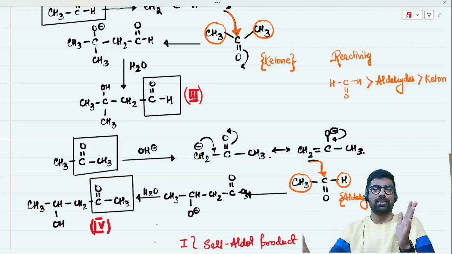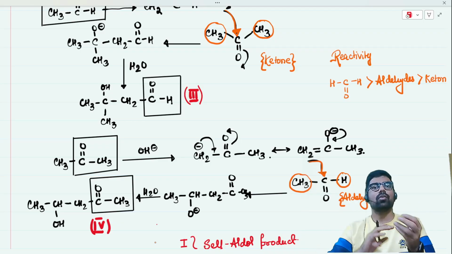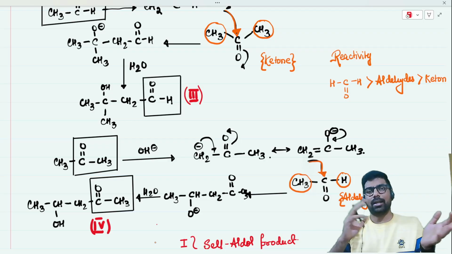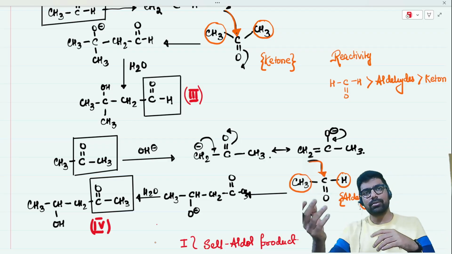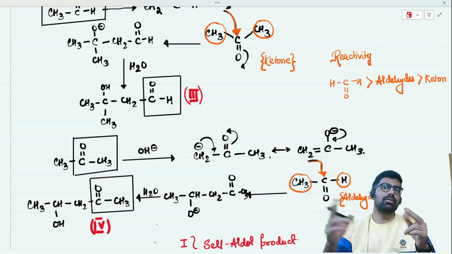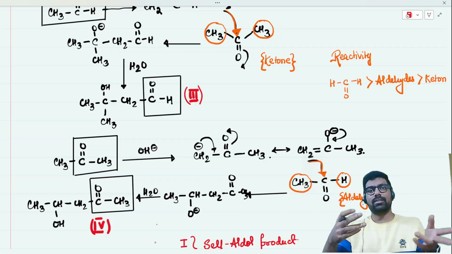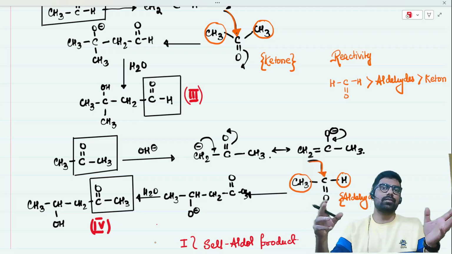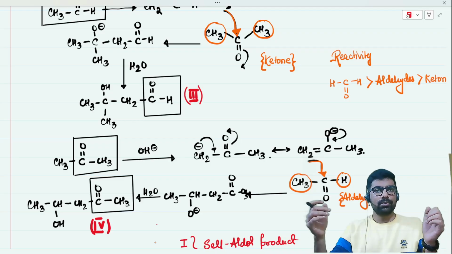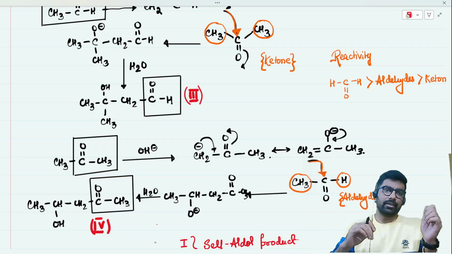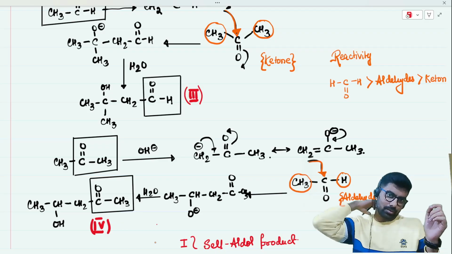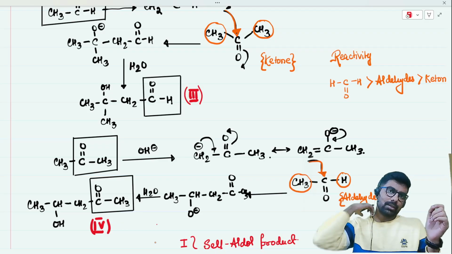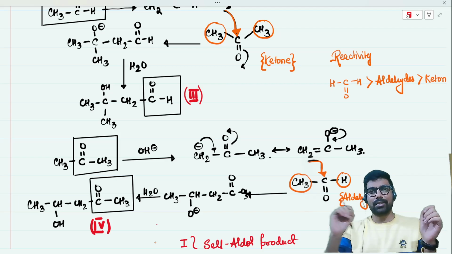If the attack is taking place on the aldehyde, obviously it will be more favored as compared to a ketone. If there are two ketones, then we will see whether both are CH3, CH3, or one is CH3 and another is C2H5. Based on the size of the groups, we can understand the reactivity or the favor of the reaction.